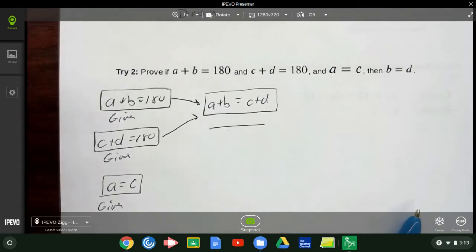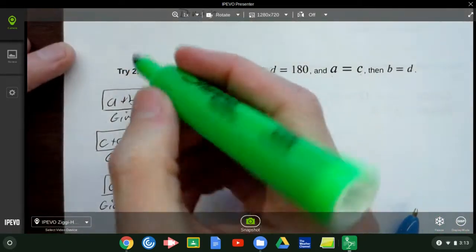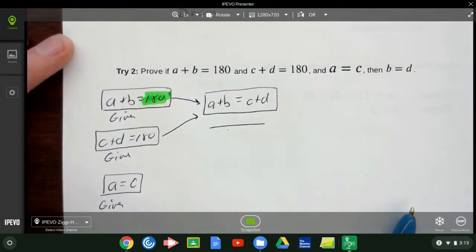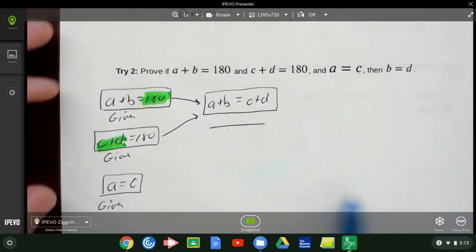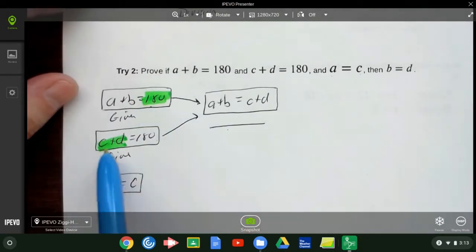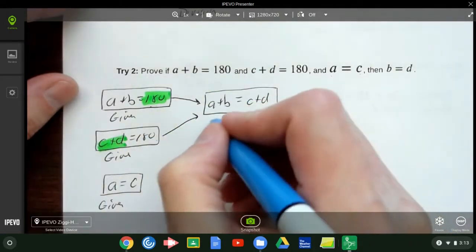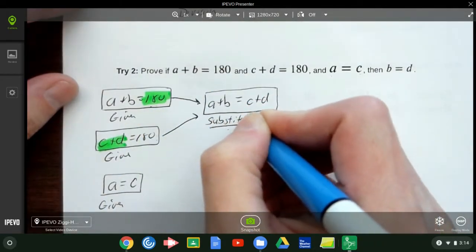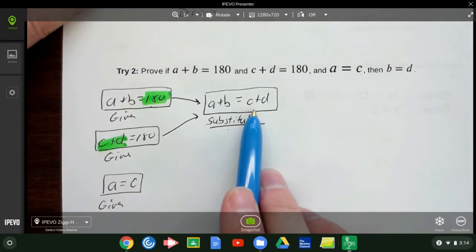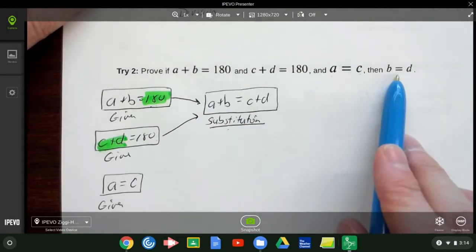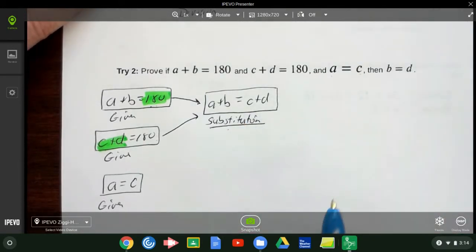So what I did is I took, in place of this 180, I put what 180 was equal to. In other words, I substituted c + d in place of that. So that's substitution. Excellent. Now I've got a = c and this thing here, and I'm trying to get b = d. So I think about it for a little bit.